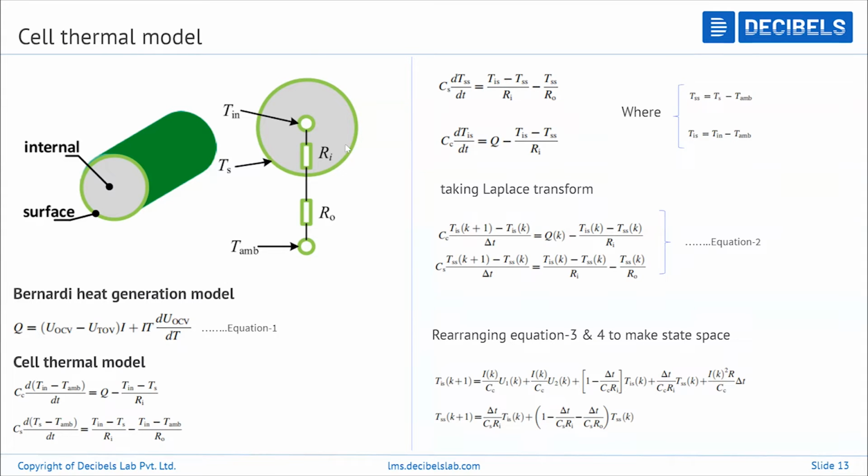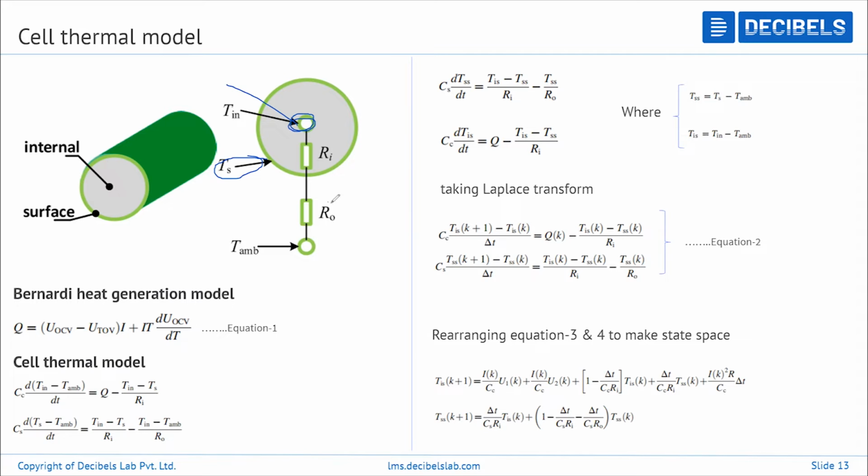If you take this, this is the core temperature of the cell. This is on the surface. Here Ri and Ro are nothing but the equivalent internal and external thermal resistance of the battery. So you can say they are thermal resistances.